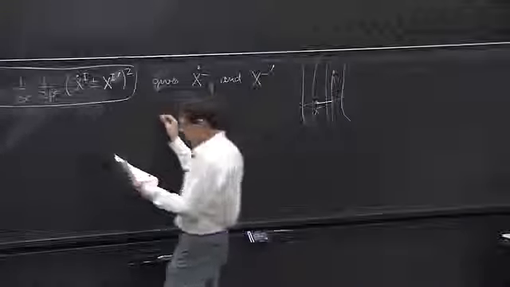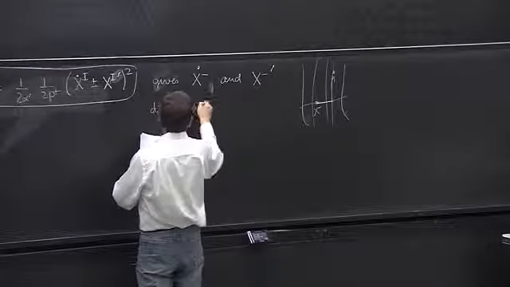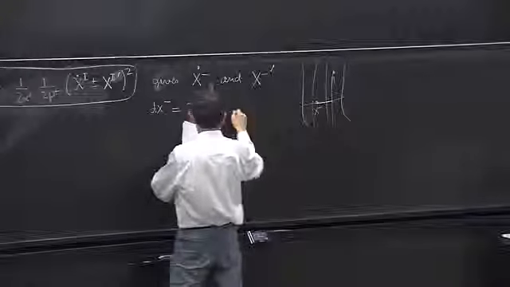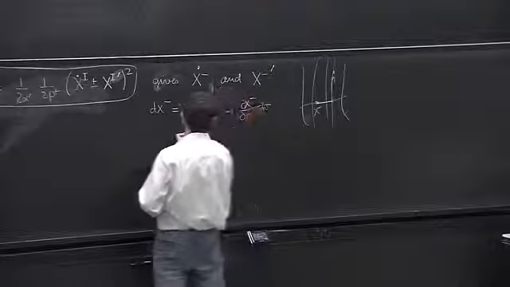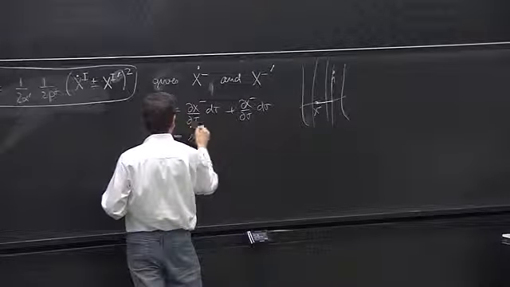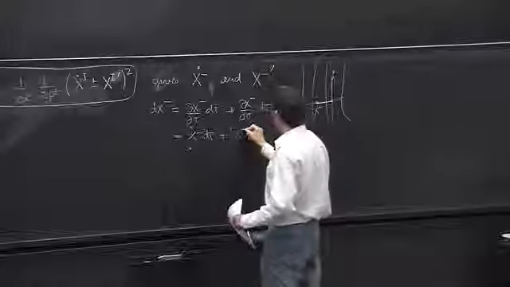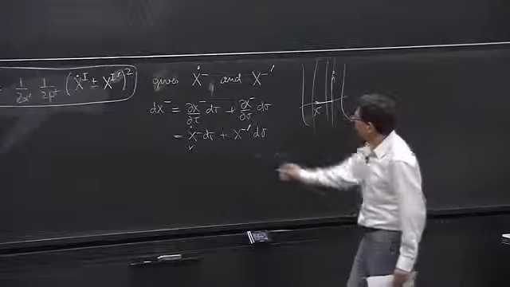So, in fact, dx minus is equal to (dx minus/d tau) times d tau plus (dx minus/d sigma) times d sigma, and this is x minus dot d tau that you know, plus x minus prime d sigma that you know as well.